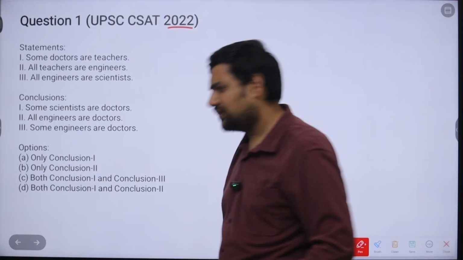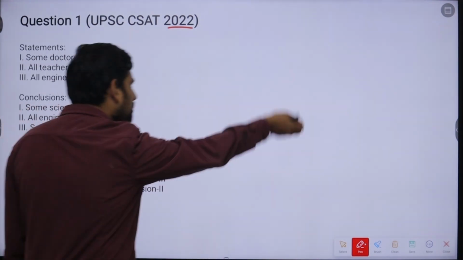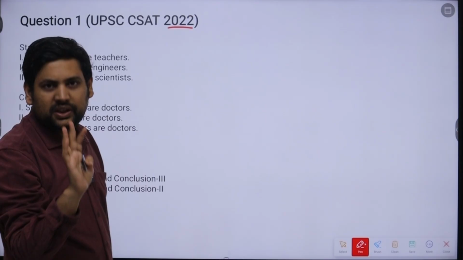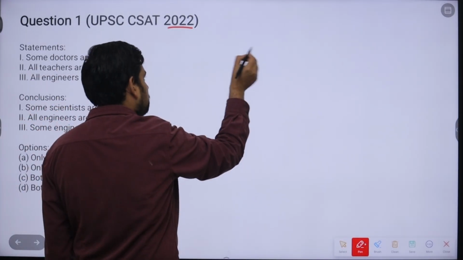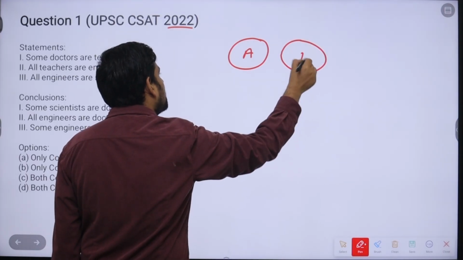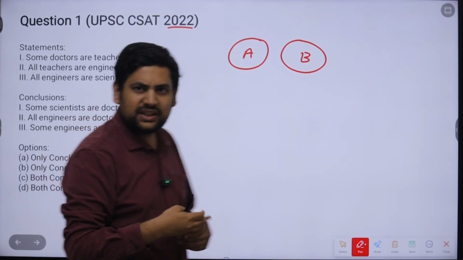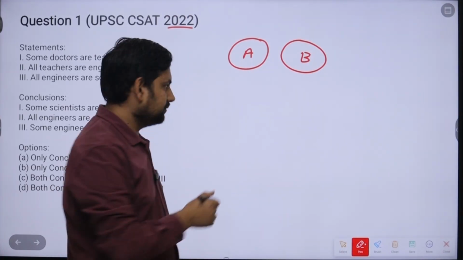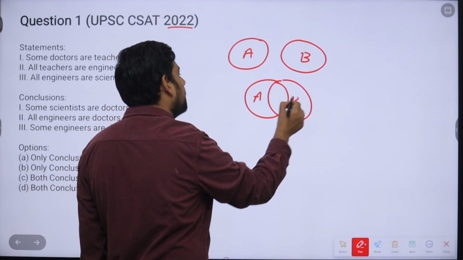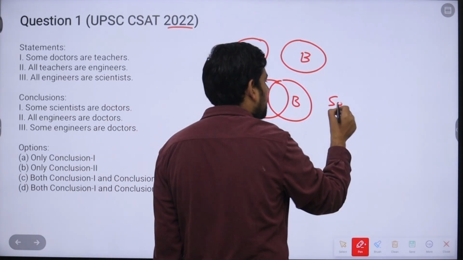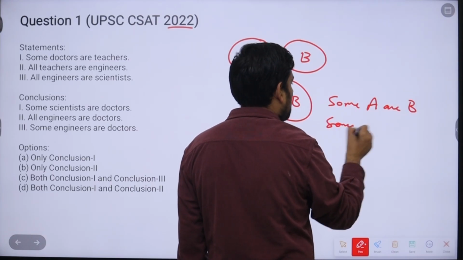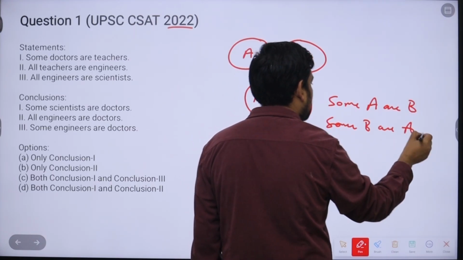Now, see, one thing that you should know is how you draw the very basic four diagrams. So this is A, this is B. What does this mean? That A and B have nothing in common. Now, if A and B have something in common like this, then this is called some A are B or some B are A. Correct?